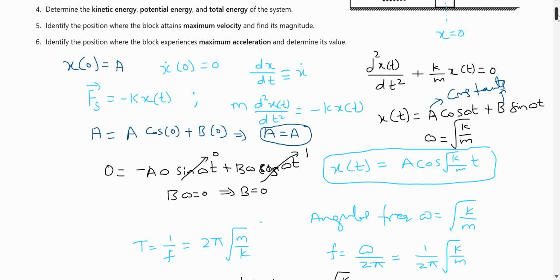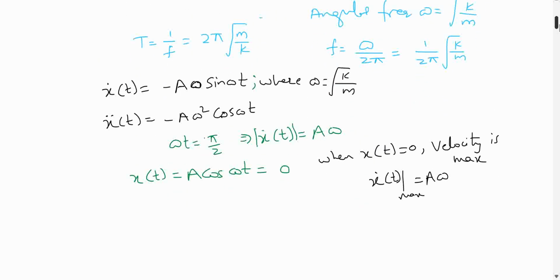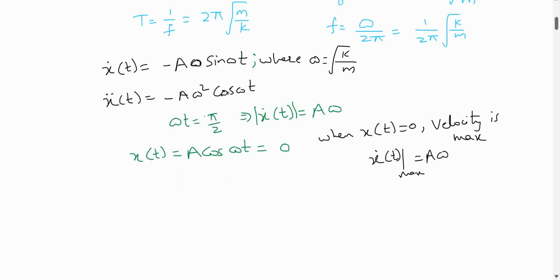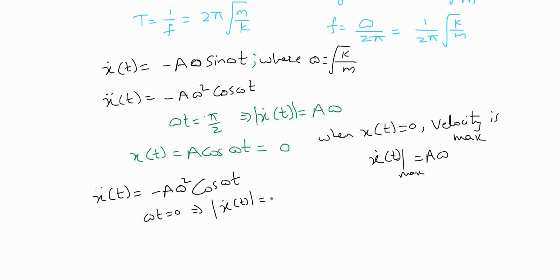Similarly, for acceleration, you can see here, acceleration is maximum when omega t equal to 0. That is x double dot of t equal to minus A omega square cos omega t. Now at omega t equal to 0, the magnitude of acceleration will be A omega square.